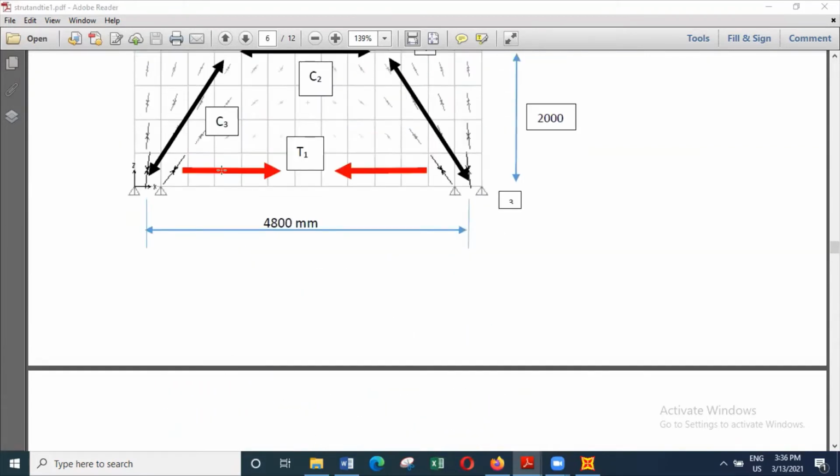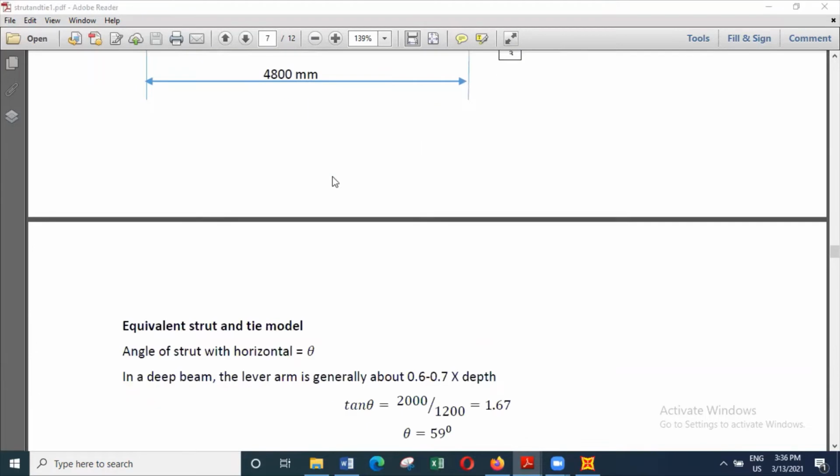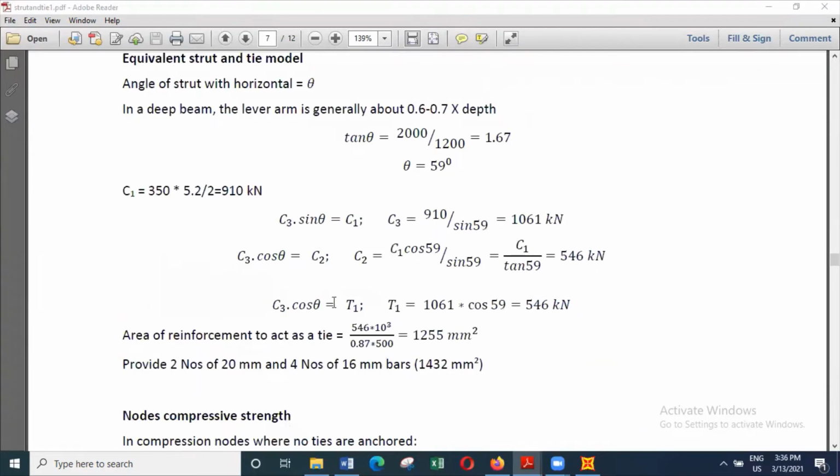And the moment you know the force C3, we can find the horizontal component of that. So that is C3 cos 59, and that will be equal to the tensile force T1. So C3 cos theta is equal to C2, or C2 is equal to C1 cos 59 divided by sine 51.